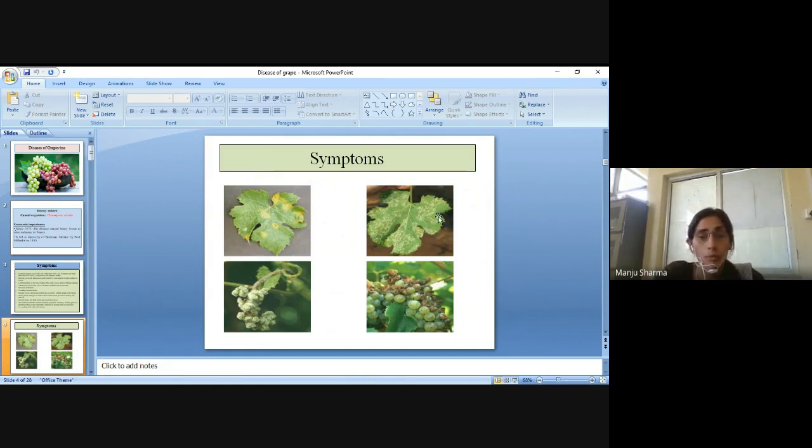Then on tendrils, this kind of white growth will show, and the fruits will also become infected. So these are the symptoms of downy mildew disease, and this is a major disease of grapevine.